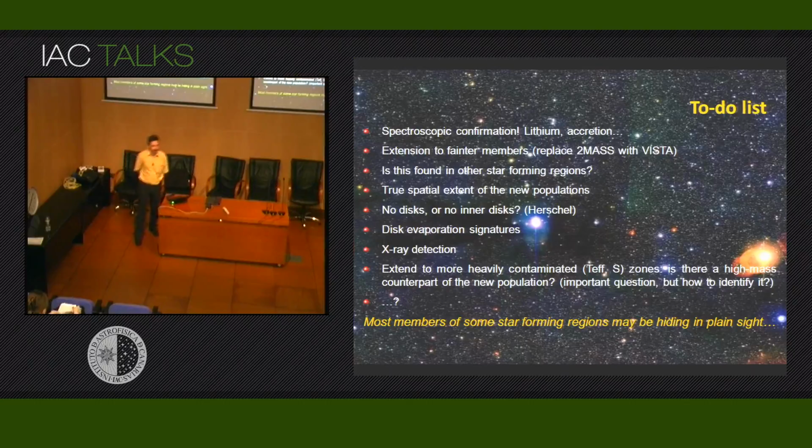And the answer is that, again, the same as with ages, we don't detect a difference in the distribution of masses for these objects. So the initial mass function for both populations seems to be the same, at least to the extent that we can determine with our observations. So whatever the initial mass function is, which we cannot tell, what we can tell is that the new and the old populations don't show differences in those terms.